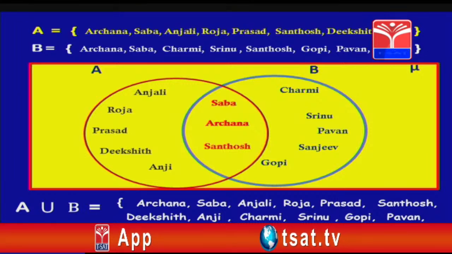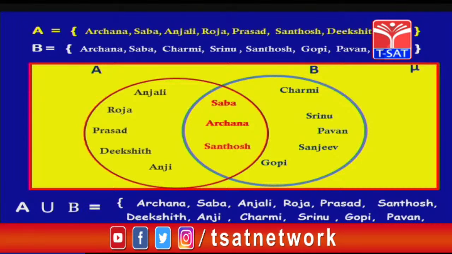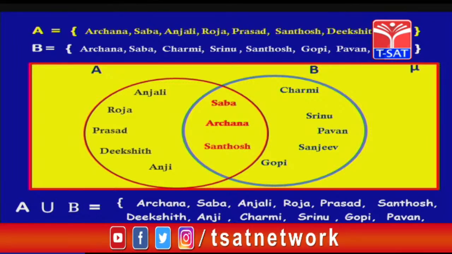That is the condition you know well. So, now A union B is equal to Archana, Sabha, Anjali, Roja, Prasad, Santosh, Dikshita, Anji, Charmi, Srinu, Gopi, Pavan. You can observe here both sets meet in a common region. Sabha, Archana, Santosh are there in both sets.